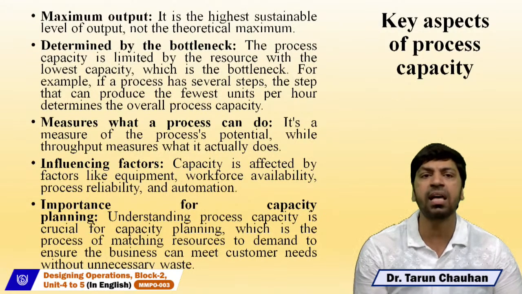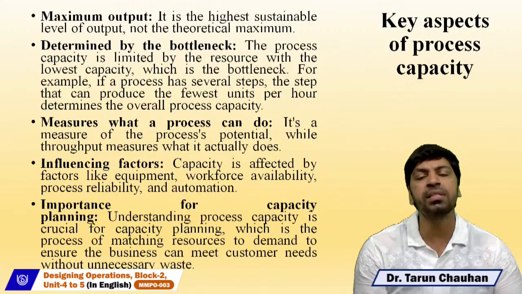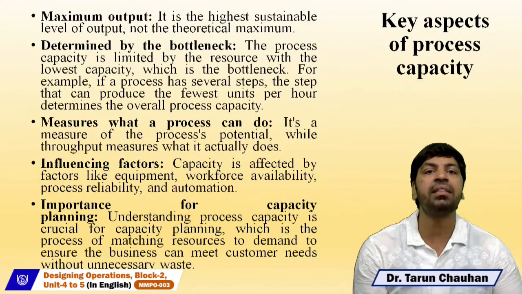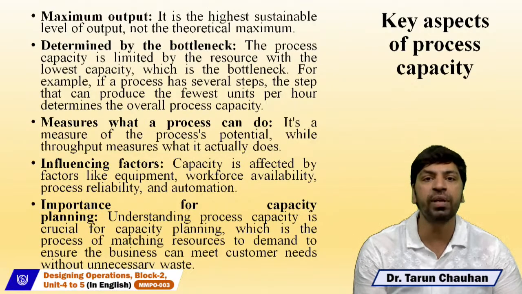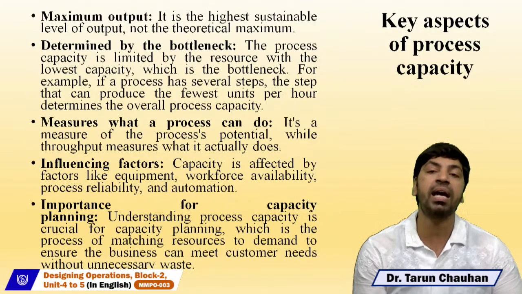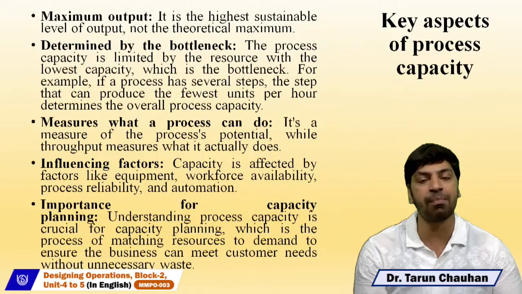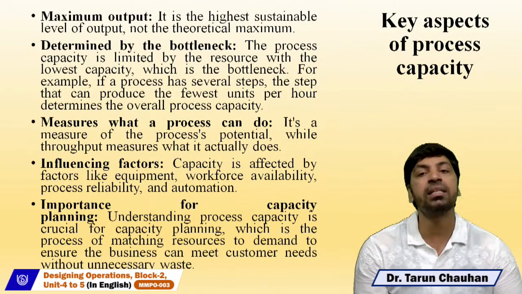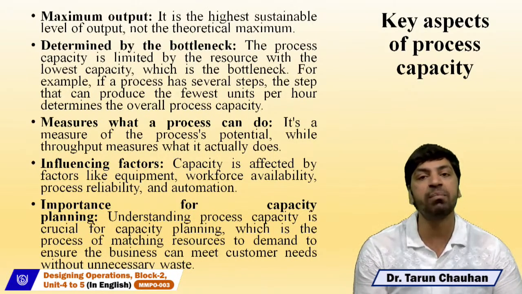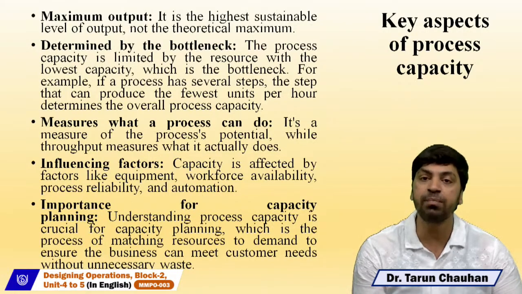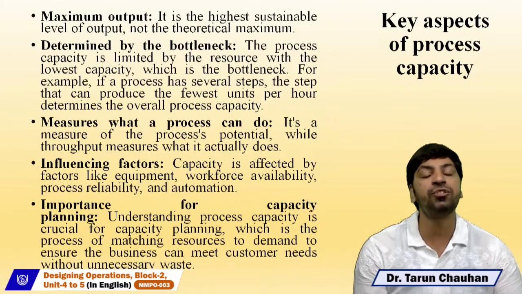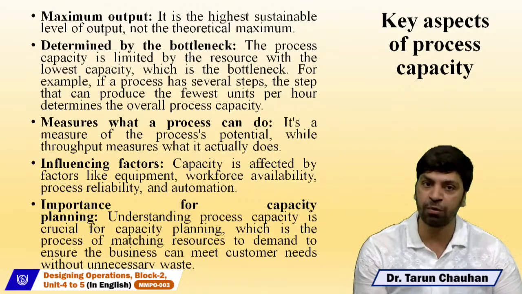Let's take an example. If a process has several steps, the step that can produce the fewest units per hour determines the overall process capacity. Hence, it limits the resources, which ultimately slows down the process and restricts the overall output.